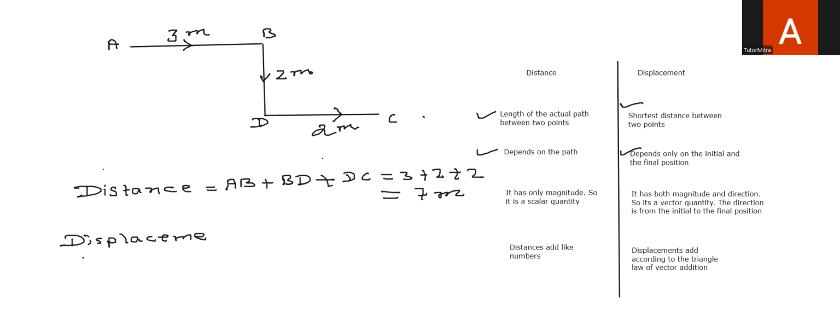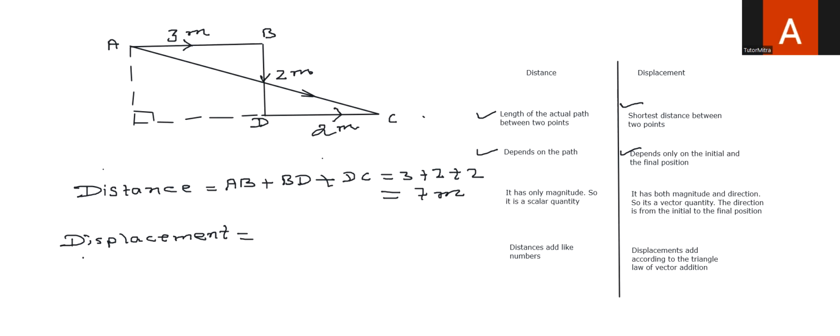Now when it comes to displacement, this becomes a little bit difficult here, because we have to join the initial and the final position, and we have to find the length of the line AC. This will give us the displacement. For that, we do it like this. We draw a perpendicular from the point A onto the extended line CD.